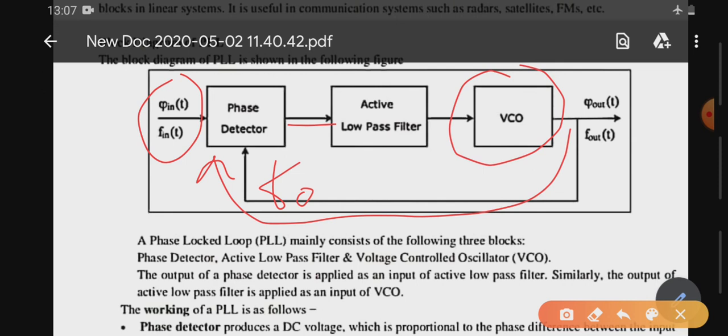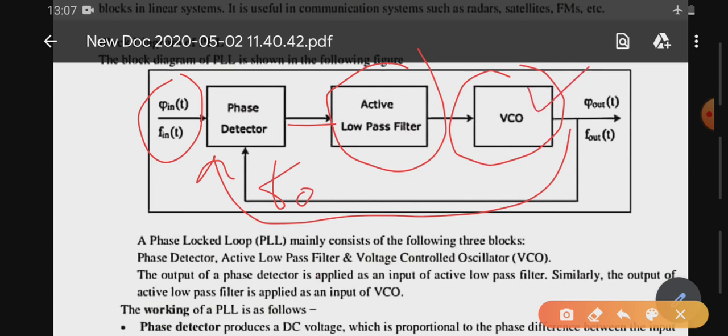F in plus fo will be the high frequency component and f in minus fo will be the low frequency component, and this signal will be applied to the low pass filter. The low pass filter only allows the low frequency component f in minus fo at the output, and this output signal, which is amplified by the active low pass filter, decides the output frequency of VCO.